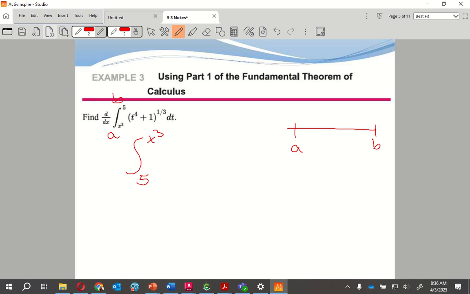Especially if I'm talking about velocity here. If it's, how do I get a velocity to go backwards? That's what we're doing. Integration is the same as the antiderivative.